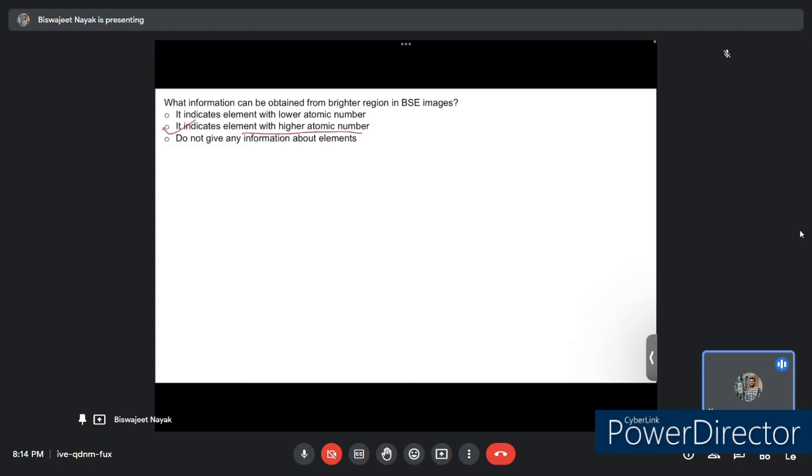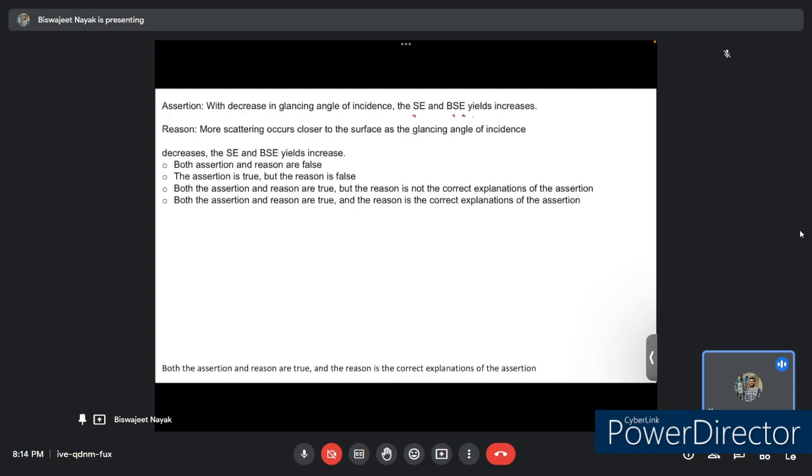With decrease in glancing angle of incidence, the secondary electron and the backscattered electron yields increase.